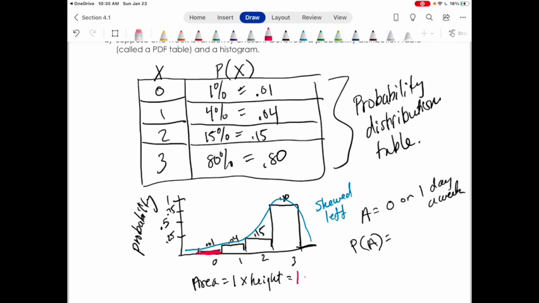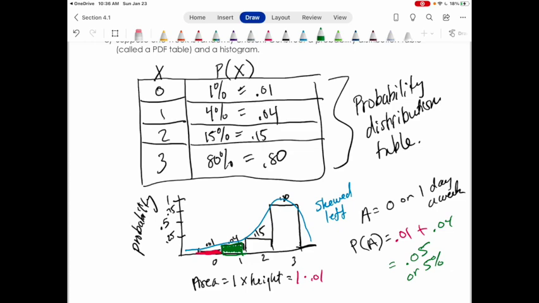This bar has a probability of 0.01 if I look at the height, but I take 1 times 0.01, that gives me 0.01. Then if I want to find the probability of her attending 1 day a week, that's this bar, I take the width, which is 1, times the height, which is 0.04. And when I multiply that together to get the area, that gives me 0.04. So the probability of her attending 0 or 1 day a week would be 0.05 or 5%.